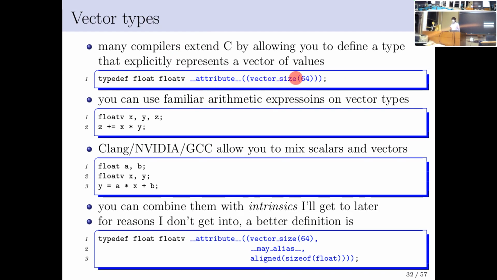Size being 64 bytes means it has 16 float values. In other words, it is 512 bits. So this definition is very suitable for CPUs supporting 512-bit SIMD instructions, like recent Intel machines.